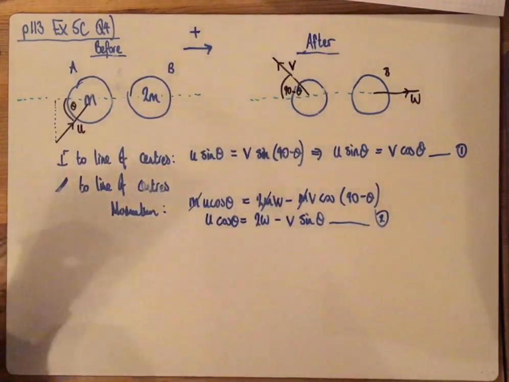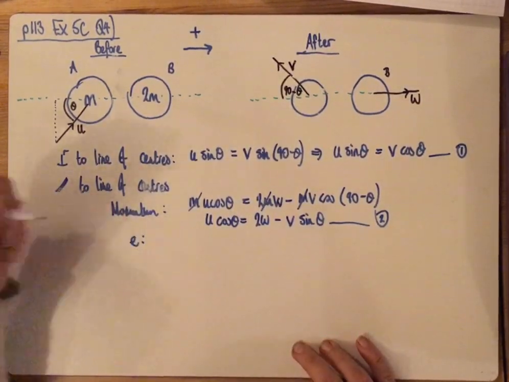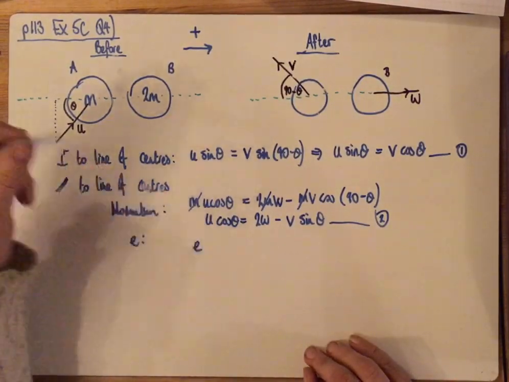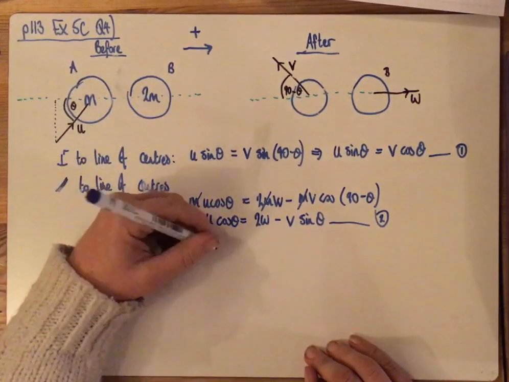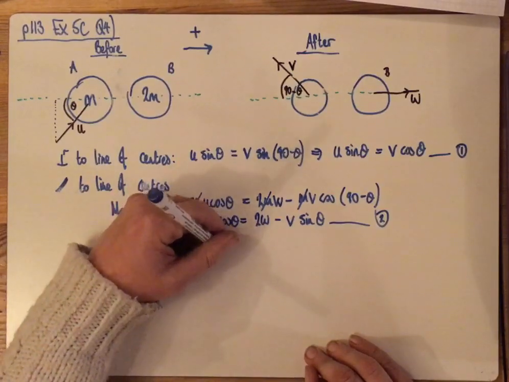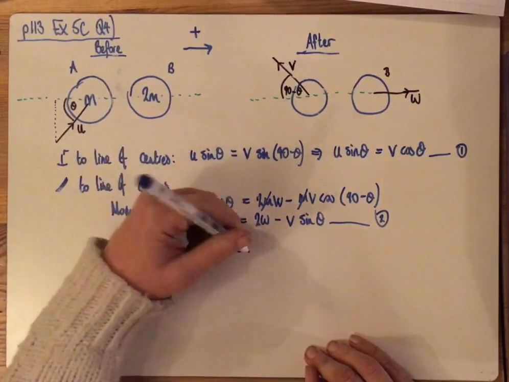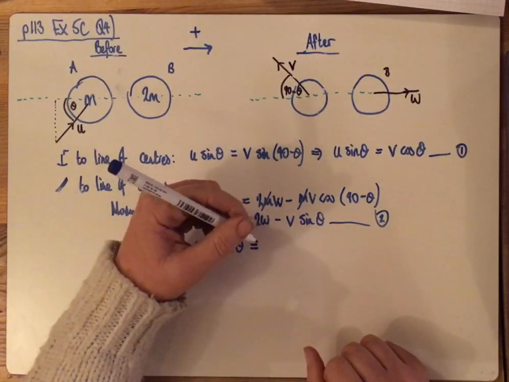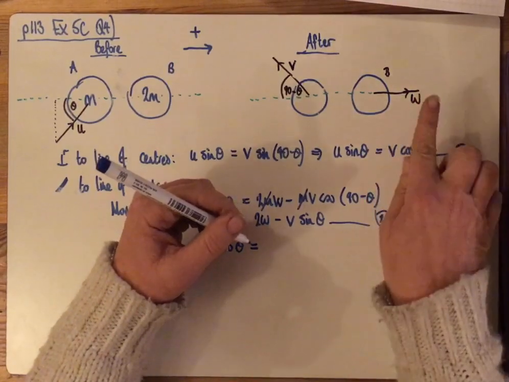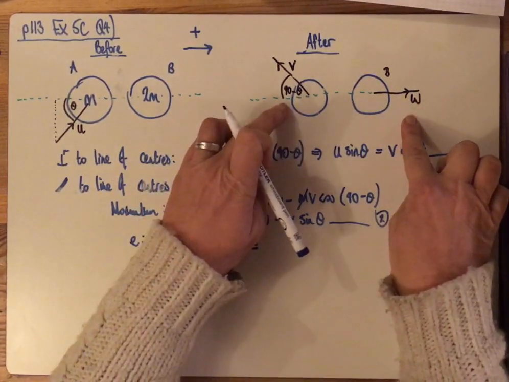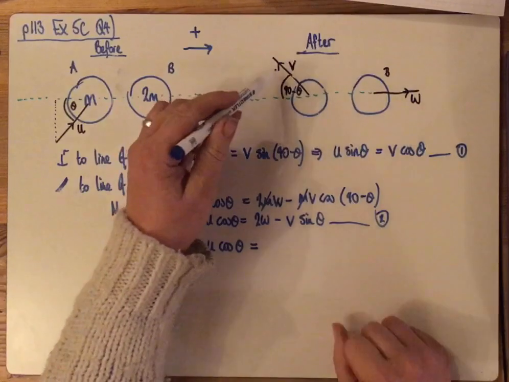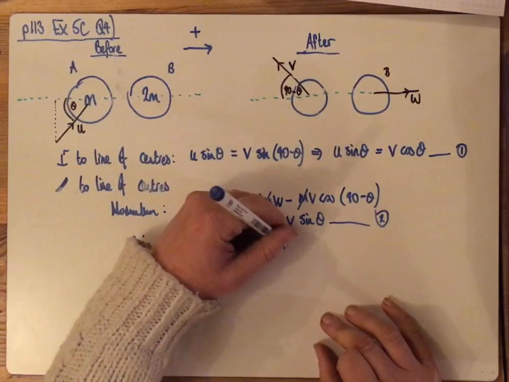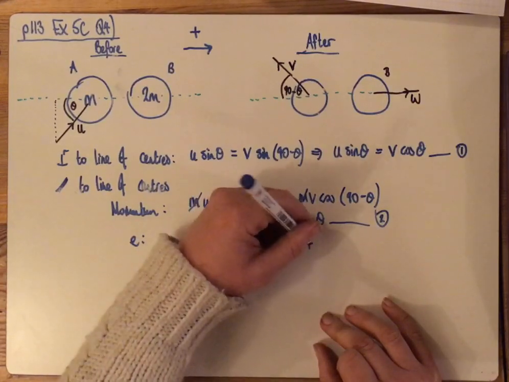And then we can also work with restitution. E times the approach speed, which is u cos theta, is going to equal the separation speed, which is this one plus this one. So I've got v cos of 90 minus theta, which is v sine theta, plus w.